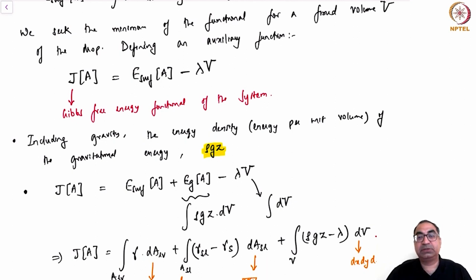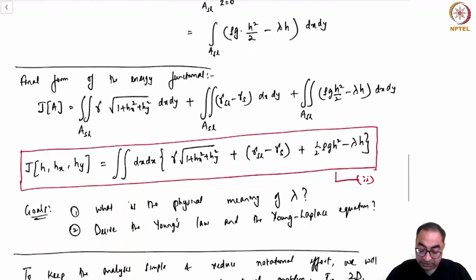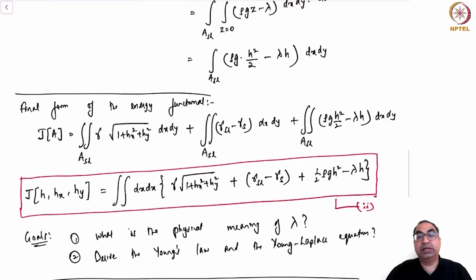Then what we did was to write down the expressions for these energies in the form of integrals over the height of the droplet. And having done this, we got an expression for the energy functional, which further depends on 3 functions. That is the height, the partial derivative of height with respect to x, the partial derivative of height with respect to y.